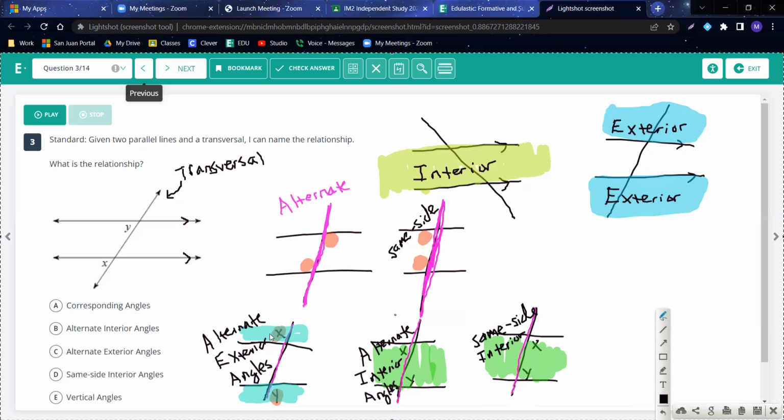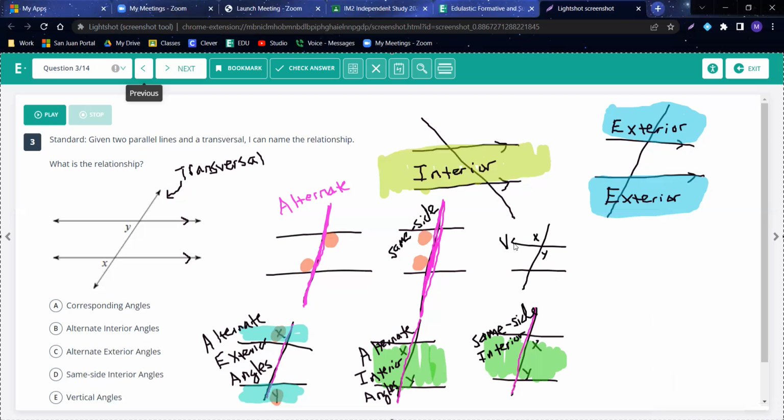All right, now the ones that we didn't talk about, because that covers this one, this one, this one, are corresponding and vertical angles. Vertical angles are one on the corners. So if X was here and Y was here, they are across from each other.